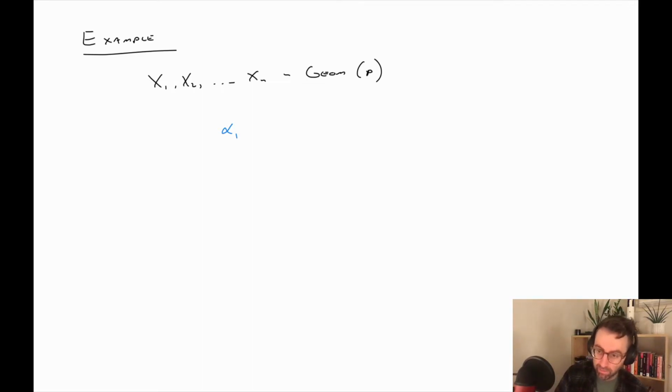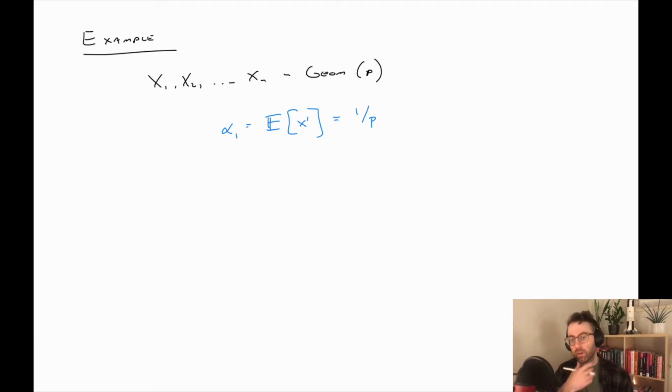So first I'm going to find the first moment, which is the expected value of x to the 1, otherwise known as the expected value of x. And then I would just go to the back of the book and look up what that is, because this is a well-known distribution. It turns out it's 1 over p. If you were dealing with a lesser known distribution, hopefully you can still look it up, but maybe you have to do a little calculus. But, at the end of the day, we know how to find expectations.